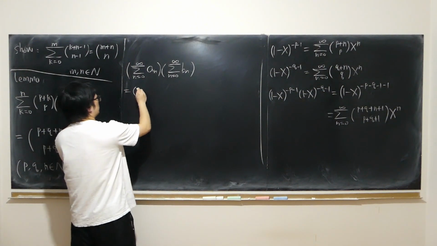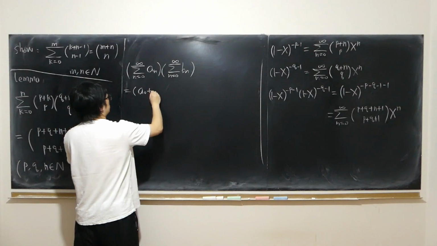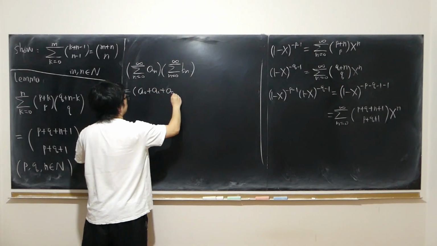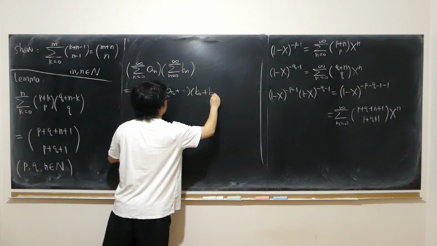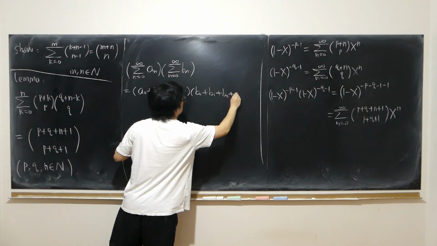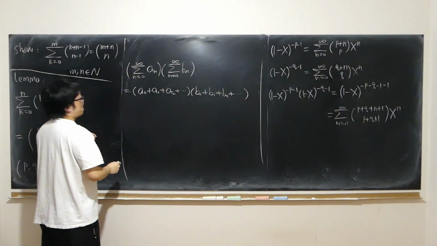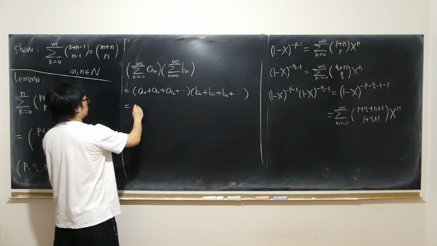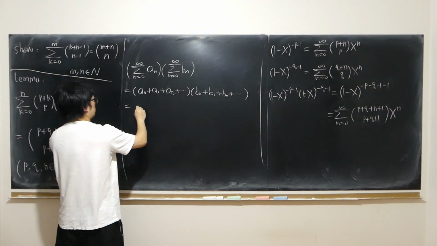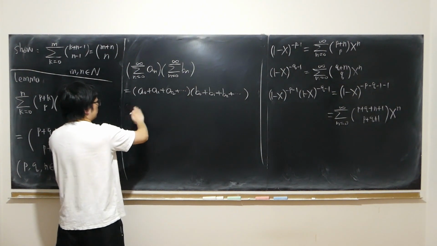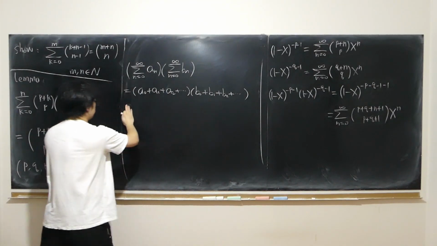Now, you can think of it this way: a0 plus a1 plus a2 all the way, times b0 plus b1 plus b2 all the way. You can treat it this way: this term times each of these terms, a naught, then this term times each of these terms.